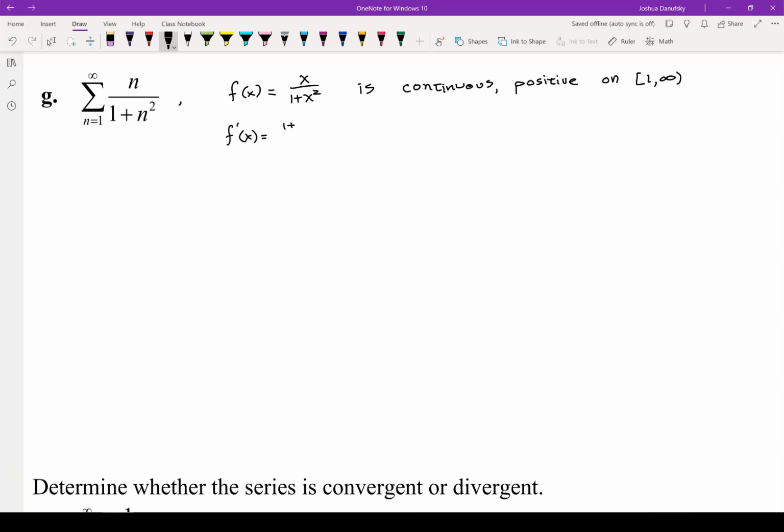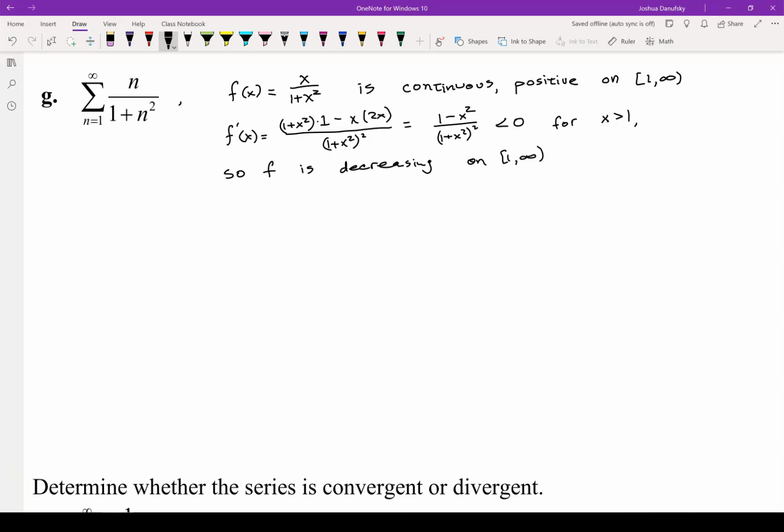Using the quotient rule, the derivative is less than 0 for x greater than 1. So f is decreasing on the interval 1 to infinity. And now we can apply the integral test.